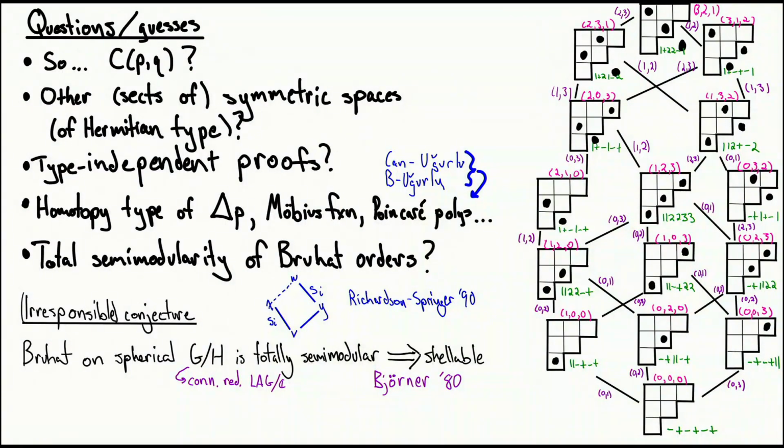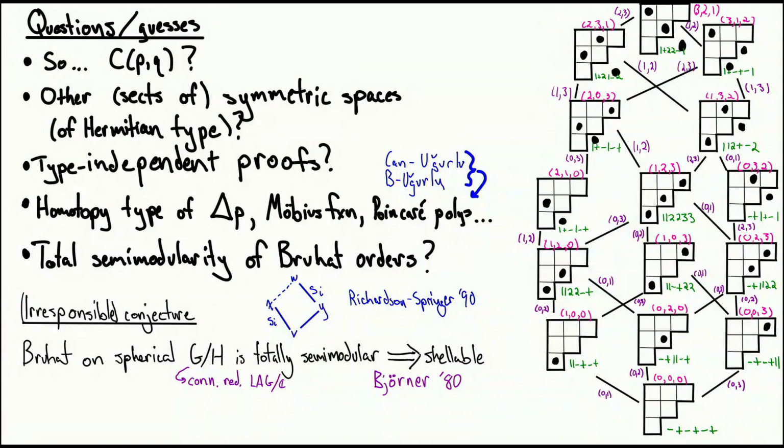And now, having gathered some more evidence that this larger thing should be shellable, there's one more idea that we want to check, maybe showing that the full symmetric space is shellable. There are sects of these other Hermitian type symmetric spaces that we could work out that are probably shellable. There's good evidence for this from other work of Chan, Chernyavsky, and Twelbeck.